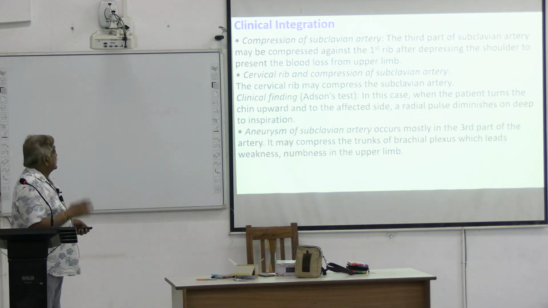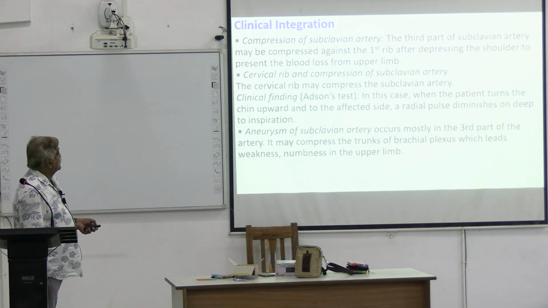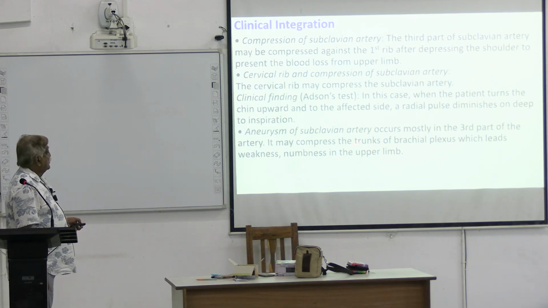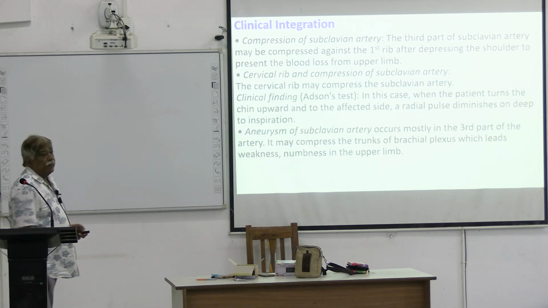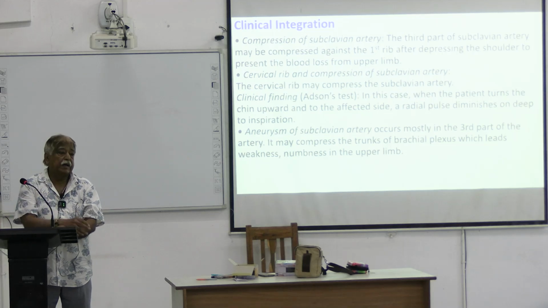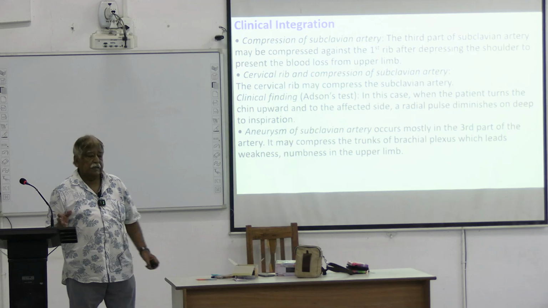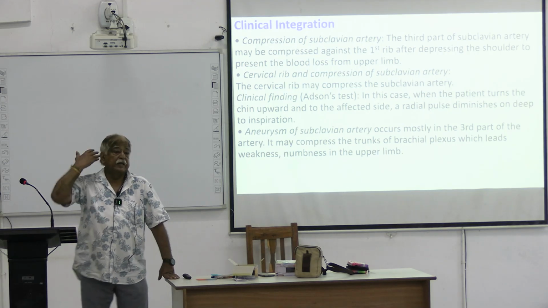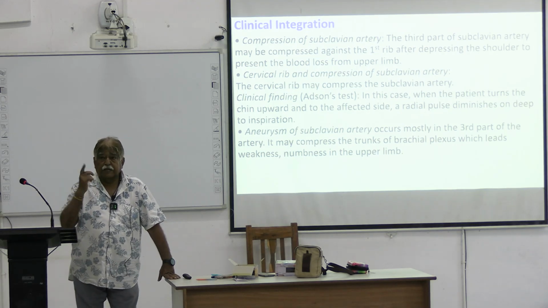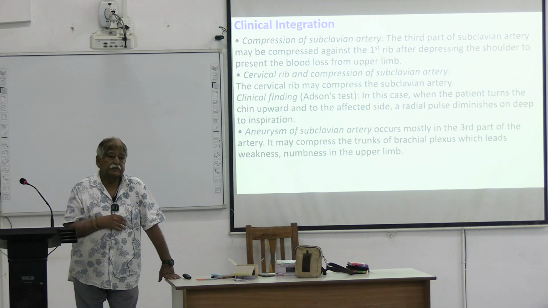Now, aneurysm of the subclavian artery occurs mostly in the third part of the artery. It may compress the trunk of the brachial plexus, which leads to weakness and numbness in the upper limb. That's why the patient complains of a tingling sensation in the upper limb, sometimes pain in the neck, and sometimes vertigo due to hypertension and other causes.